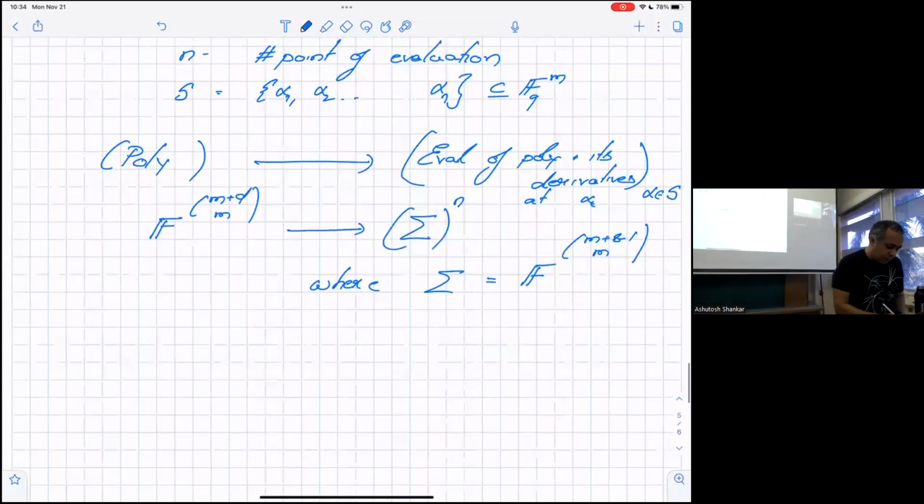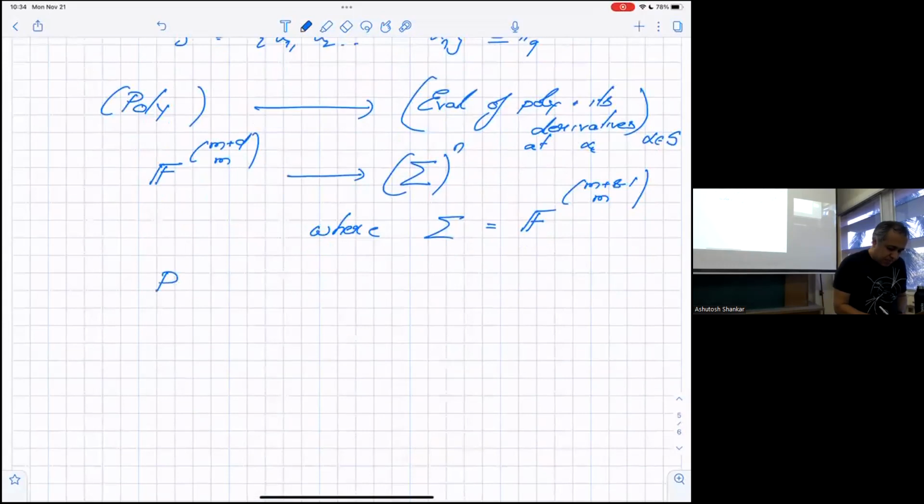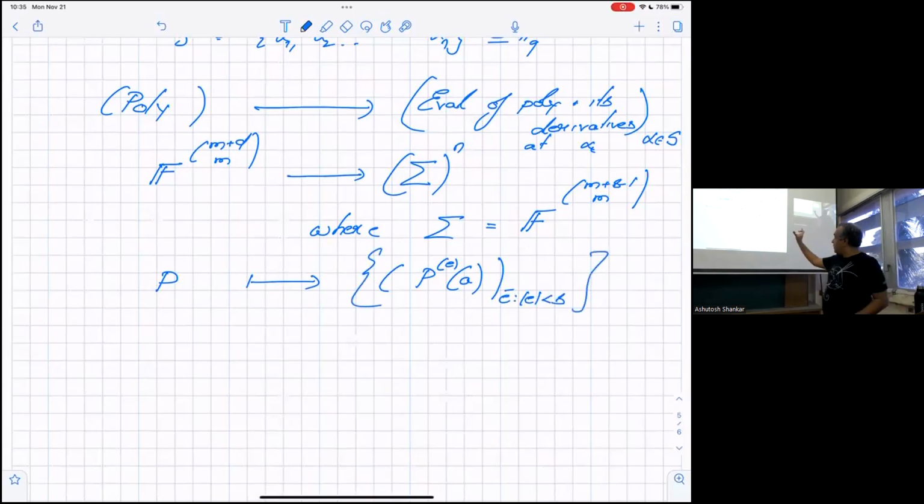So we map P to P of E bar at A, for all E bar such that the order of E is less than S. The whole thing is one alphabet symbol, and I give this for every A in the evaluation set.